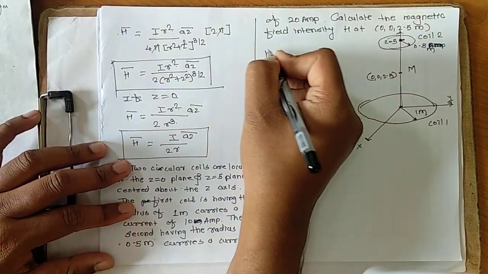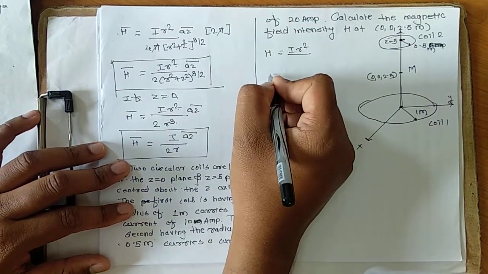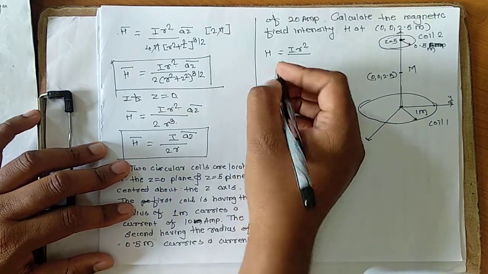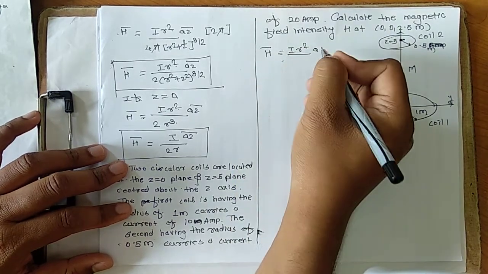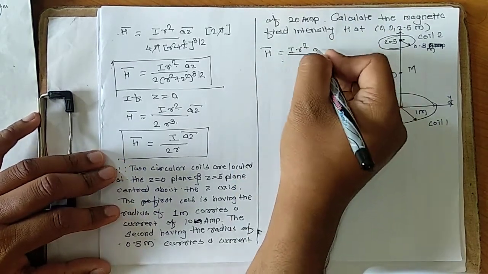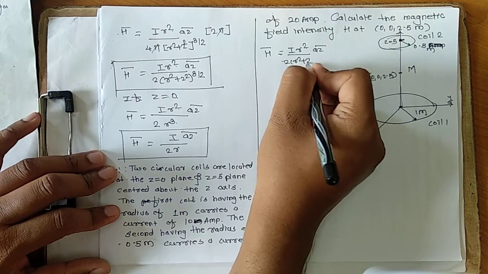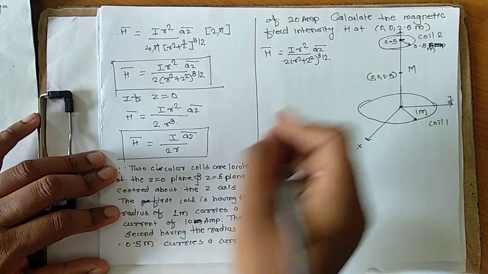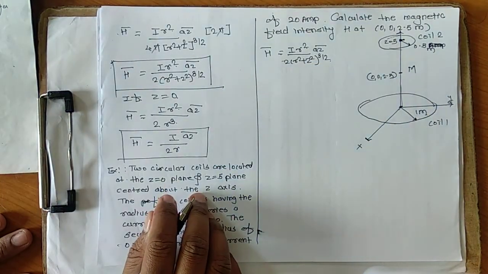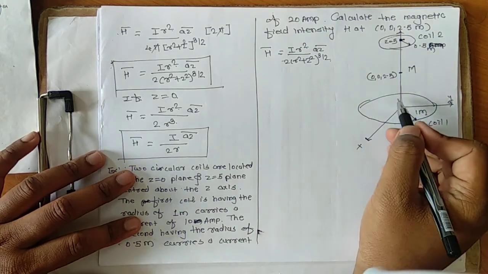So we have the formula, H bar is equal to I R square, AZ bar, divided by 2 R square plus Z square raised to 3 by 2. Now we have to add the magnetic field intensity due to the upper circle and the magnetic field intensity due to the lower circle.